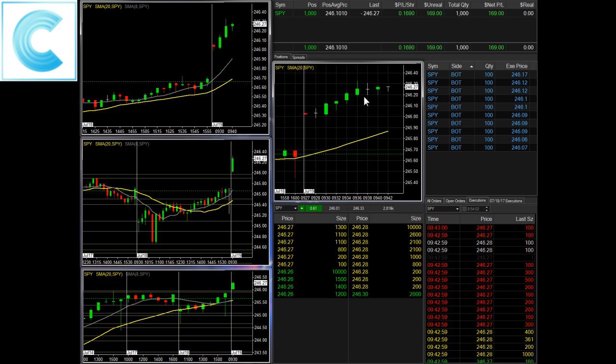As I mentioned earlier, this is a little bit sideways looking, but it's difficult to tell. We have a little bit of bottoming tails down here, which gives a little indication of buying pressure, but we really don't know how much.